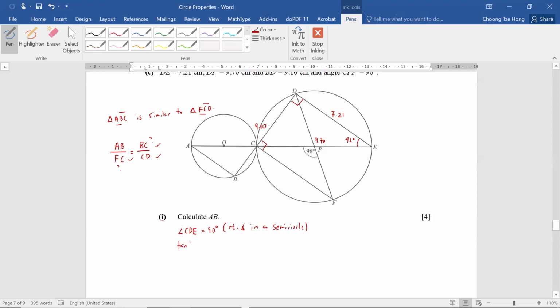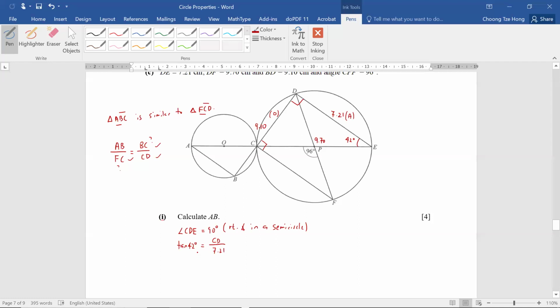So tangent 42 degrees. So why do I use tangent? Because remember now I want to find CD. CD is the opposite side, and this 7.21 that I have is the adjacent side. Right? So tangent 42 degrees equals CD over 7.21, opposite over adjacent.